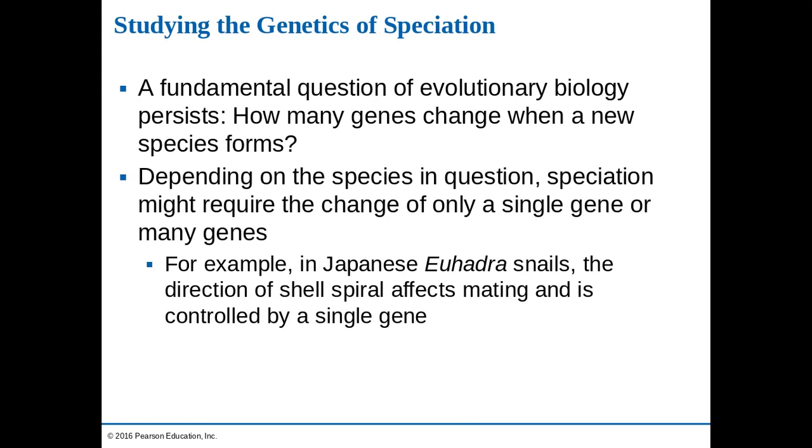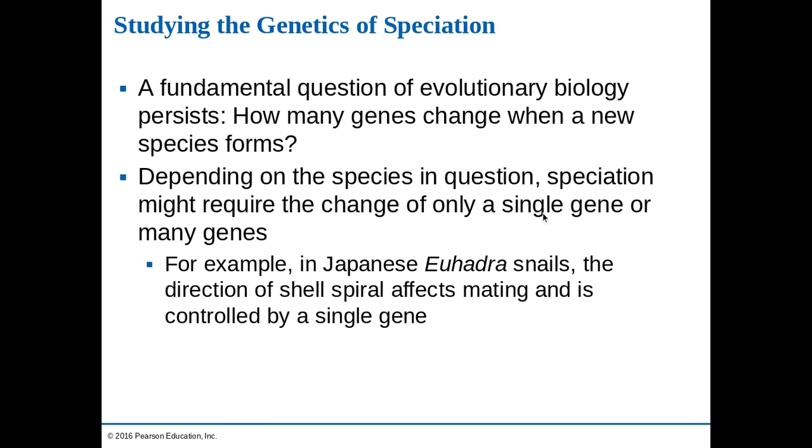So then the question also becomes, how many genes are required to change for us to have a new species? And the answer so far has really been that it depends on the species we're talking about. There are some species where an entire new species has arisen due to the change of only a single gene. But in other species, we don't see a new one arise until we see a change in many genes.